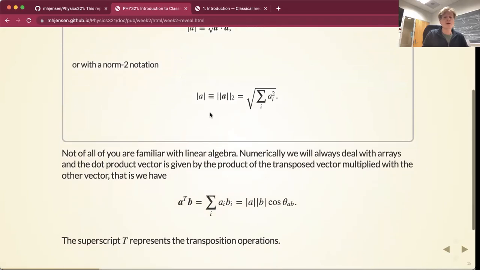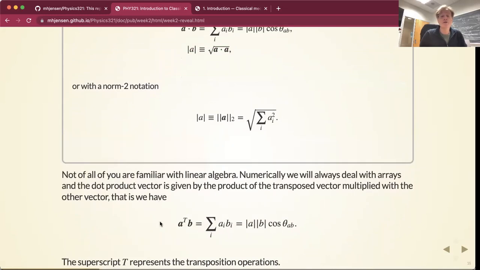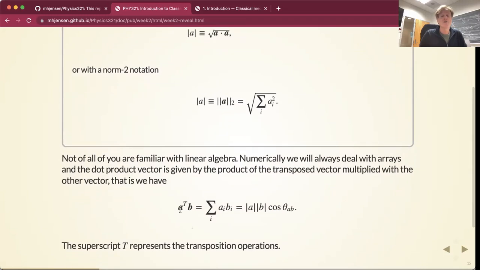Also, for those of you who are a little bit more familiar with linear algebra, you may have seen the dot product of two vectors in terms of the transpose vector times the vector. So we have the transpose of the vector A multiplied with a vector B. That reads as the sum of the multiplication of the different components. If the components are the X, the Y and the Z degrees of freedom, this will be the X components plus the Y components plus the Z components.